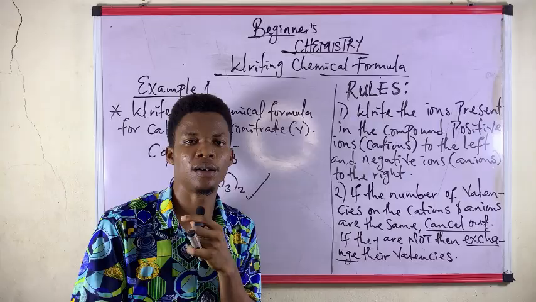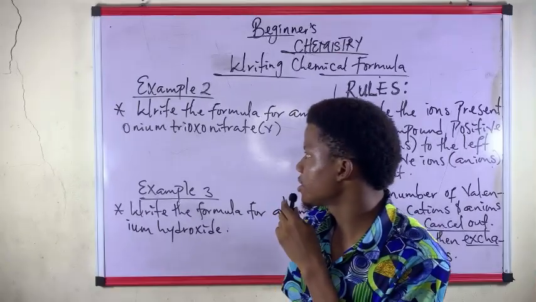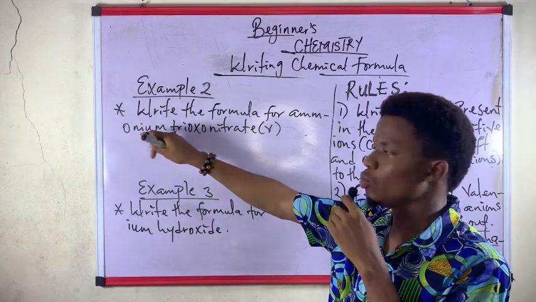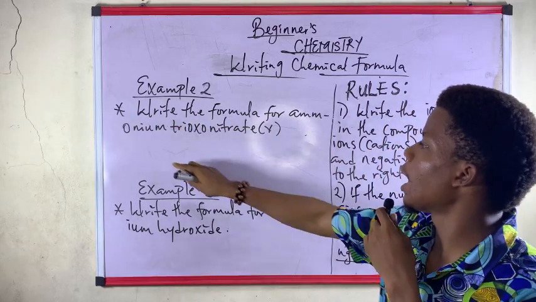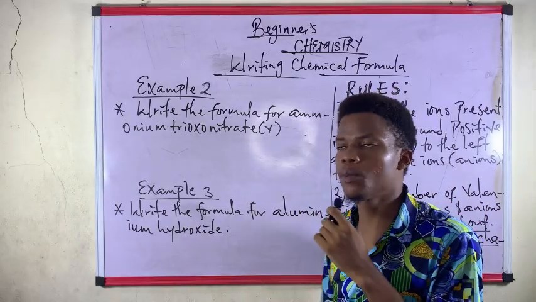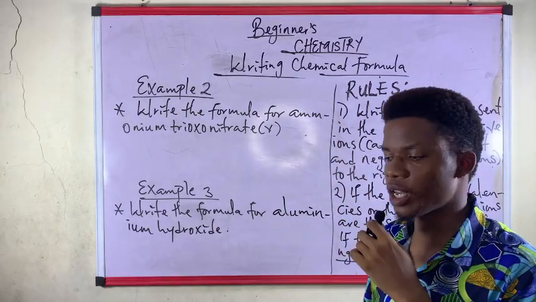Now let's look at 2 more examples. Okay, class, now let us look at example 2 and 3. Example 2. Write the formula for ammonium trioxonitrate 5. We want to write the formula for ammonium trioxonitrate 5.